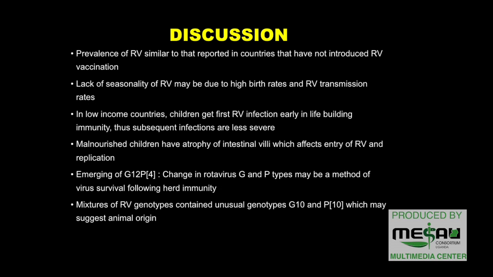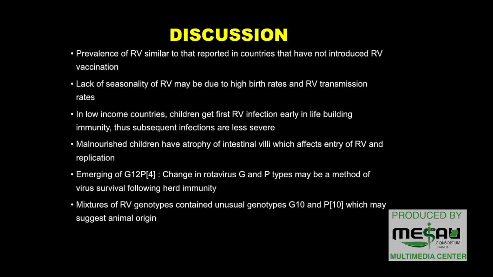Our location is on the equator, so maybe because of those temperature changes we don't have seasonality. But it has also been reported that tropical countries with high birth rates, like what we are seeing in Uganda, usually have no seasonality and have high transmission rates.